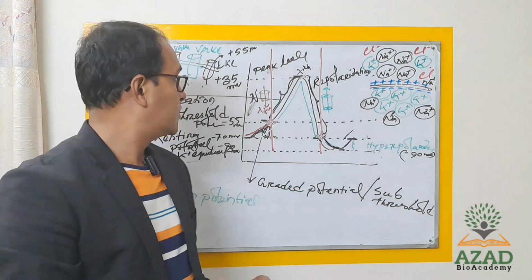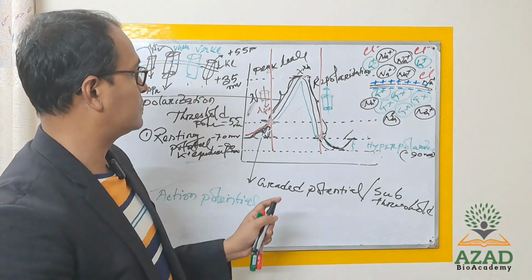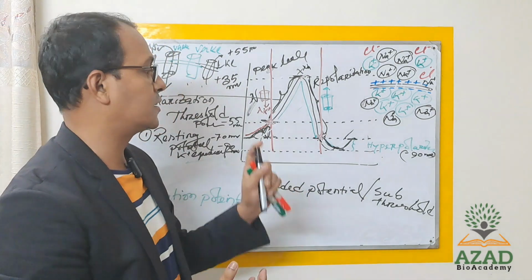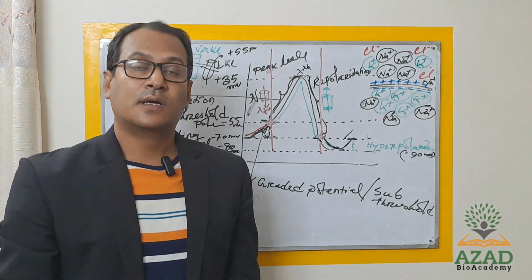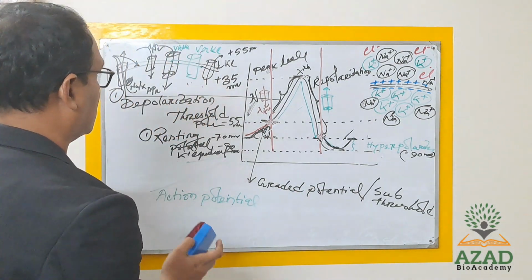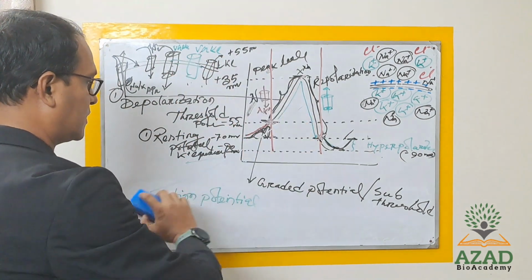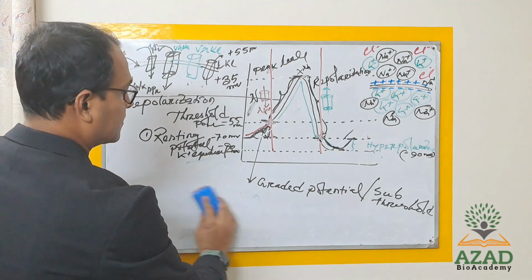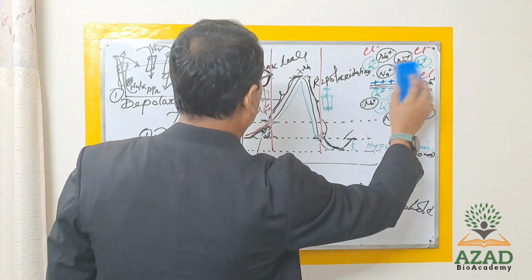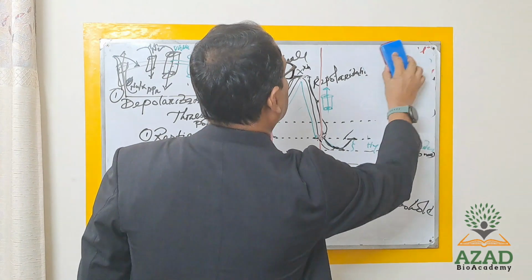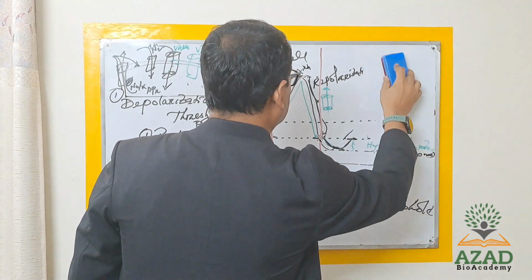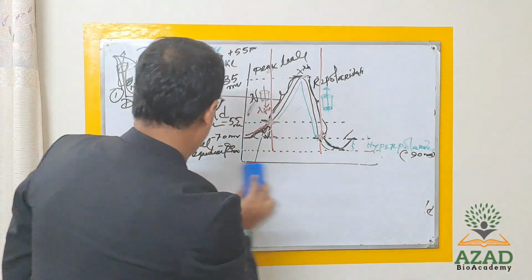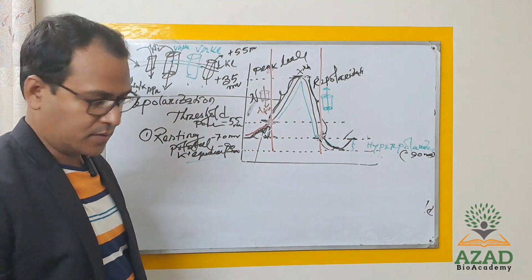Okay, now I will come to another point regarding action potential, that is the refractory period. Through this figure I will explain, which will be easier. I am erasing the other part, and I will explain the refractory period.